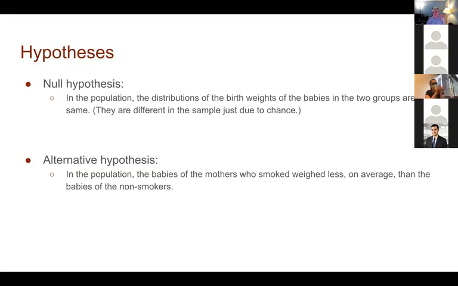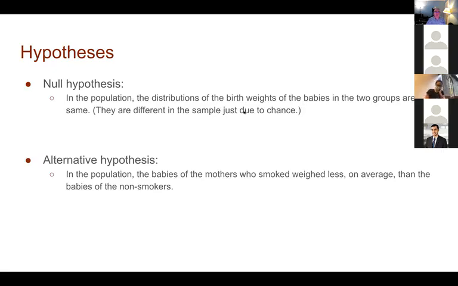We're going to come up with our null hypothesis, okay? The null hypothesis gets around this idea that this was done solely due to chance. The distributions of birth weights are going to be the same. So the null hypothesis is that whether you smoked or not makes no difference on the birth weight.